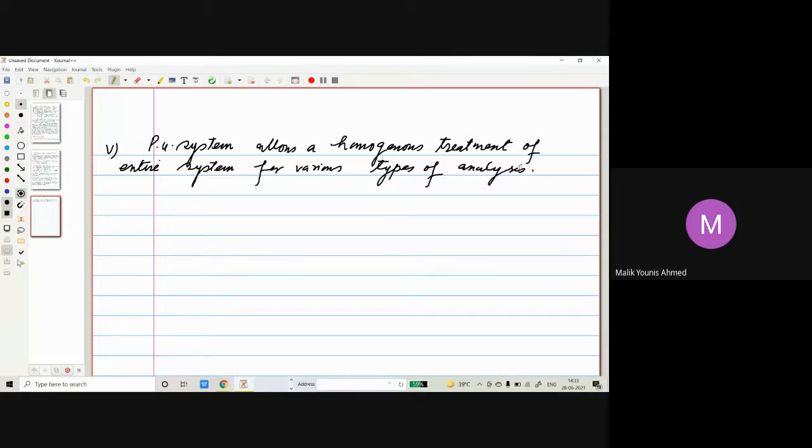So homogeneous treatment of the system can be done. There are certain other advantages that we can look into later on, but these are the main advantages which we know for the time being.